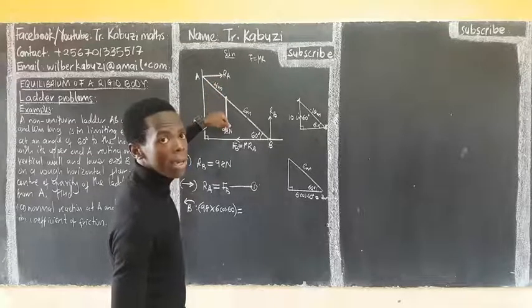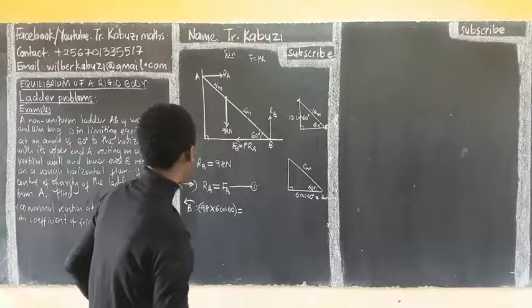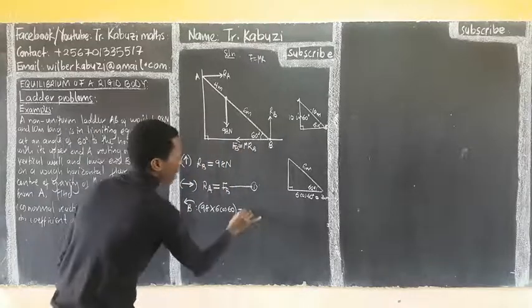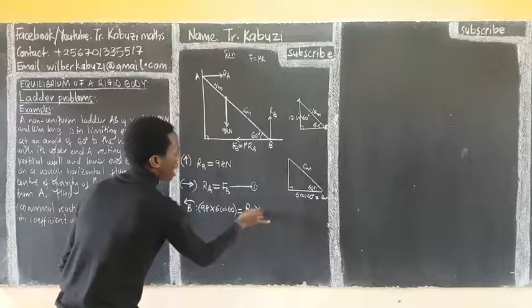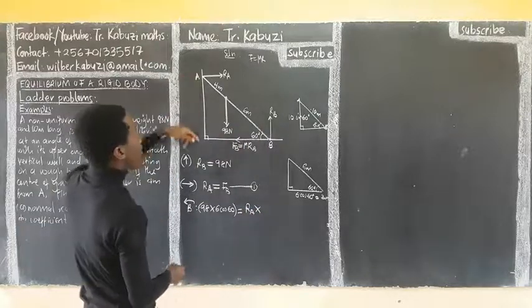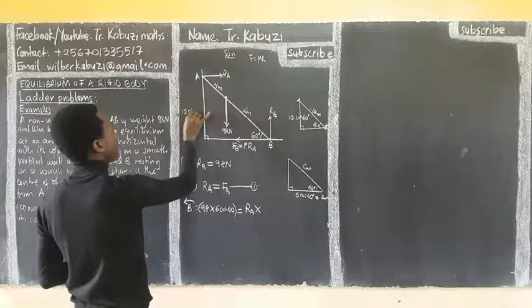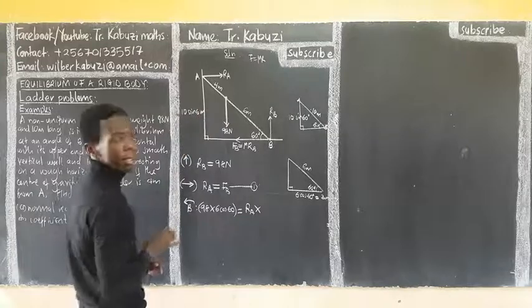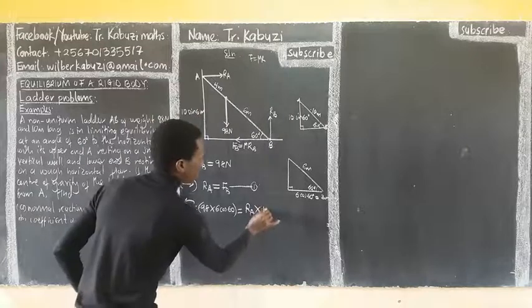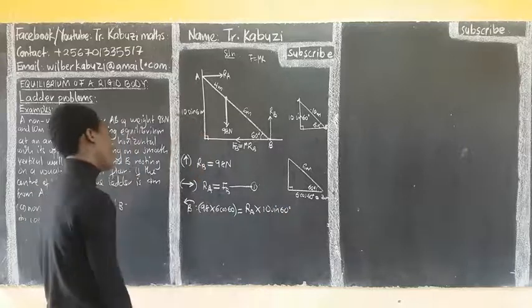The other was vertical, so its perpendicular distance has to be horizontal. So I have RA times its perpendicular distance, the opposite, which is 10 sine 60 meters.